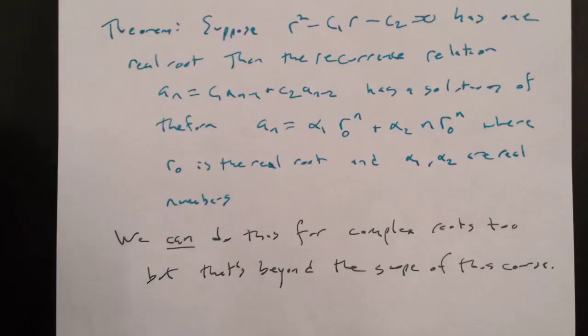Now, the reason I bring this up is because two of the most commonly used equations in physics are based off of these recurrence ideas with complex numbers involved. And you've seen them already.